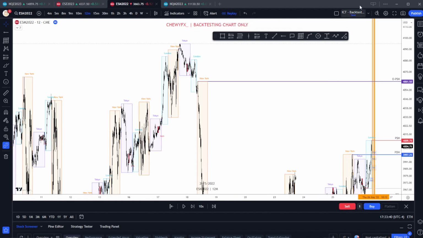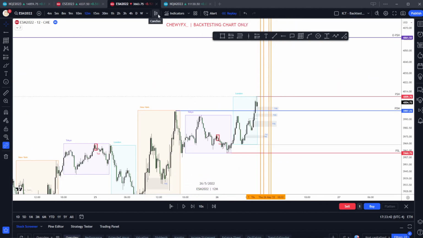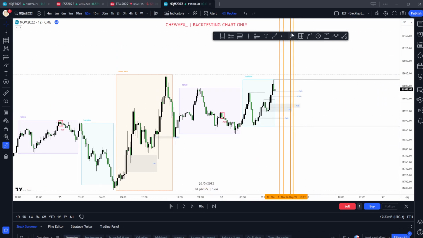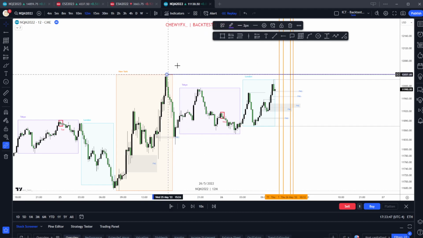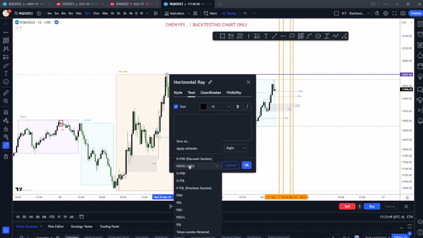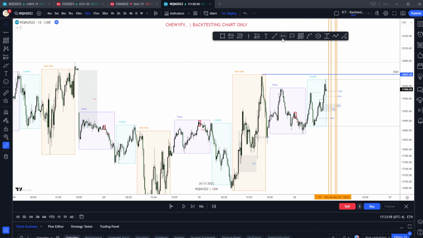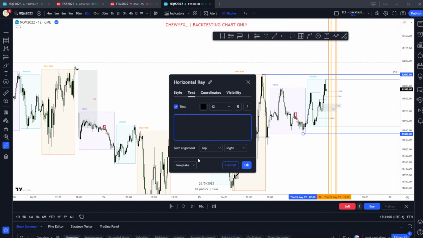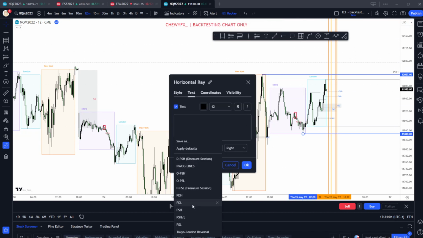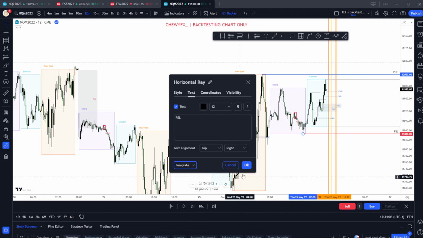Okay, and then we're going to do the same thing over for NASDAQ. So let's go to NASDAQ here. We can actually see that the previous day high was not swept yet. So before I begin to look for a sell on ES, I need to look for this previous day high to get swept first. So at this moment, I'm looking for just a buy and a buy only on NASDAQ until that previous day high is swept.